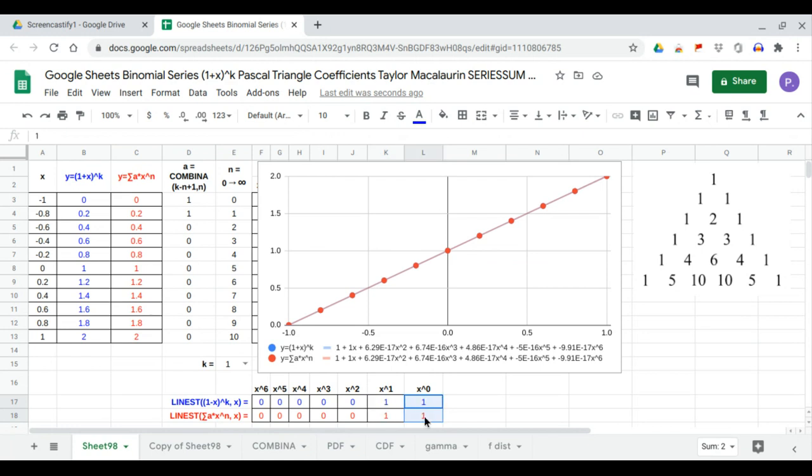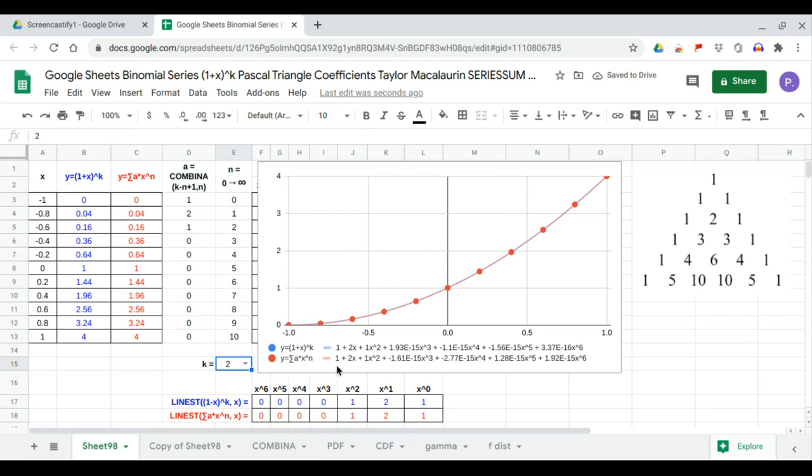And these regression coefficients match our expansion coefficients and the Pascal triangle coefficients. At k equals 2, our polynomial is y equals 1 plus 2x plus x squared. All these are 0. And these regression coefficients match our expansion coefficients and the Pascal triangle coefficients.